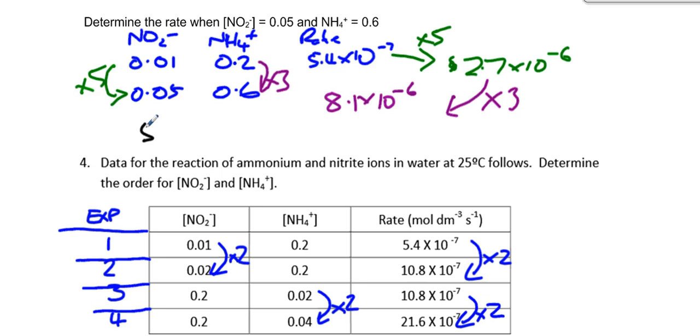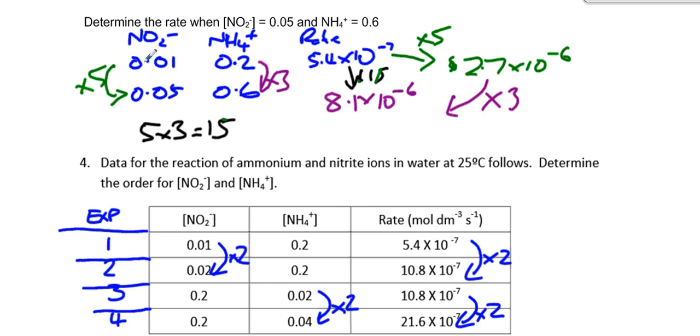So 5 times 3 equals 15. So my total change in rate will be 15. And if I times 5.4 times 10 to the minus 7 by 15, I will get the same answer. So there's 2 ways of doing it, if you like.